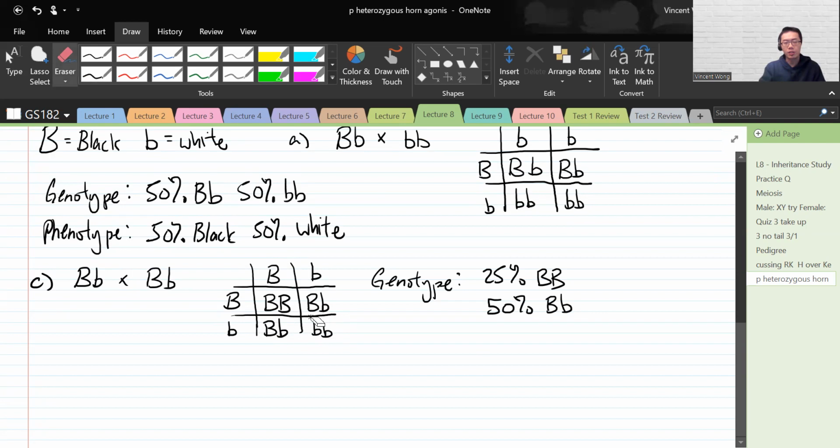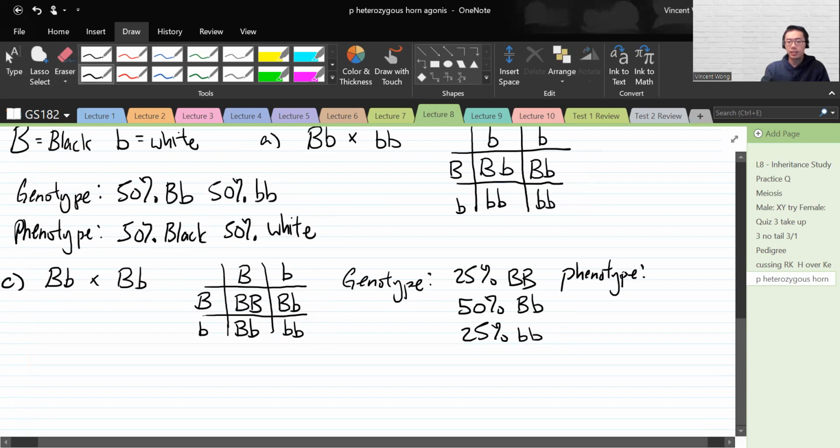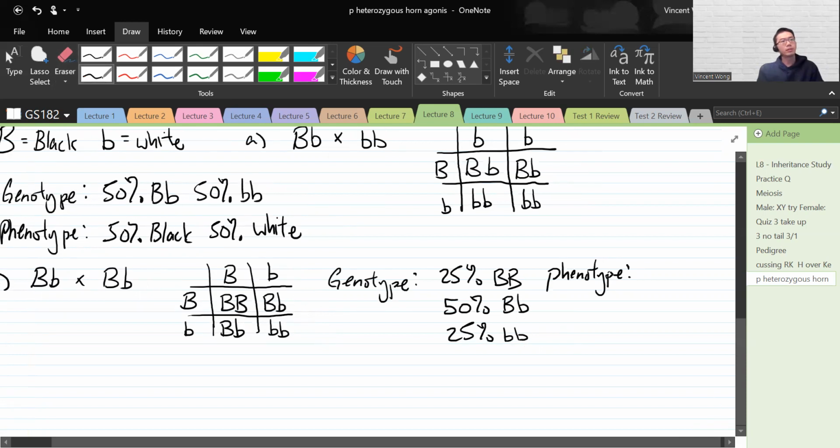And lastly, we have small b, small b for 1 of the boxes. So that is also 25%. What percentage would be black? Please help me out here. What percentage of the guinea pigs will have a black coat?